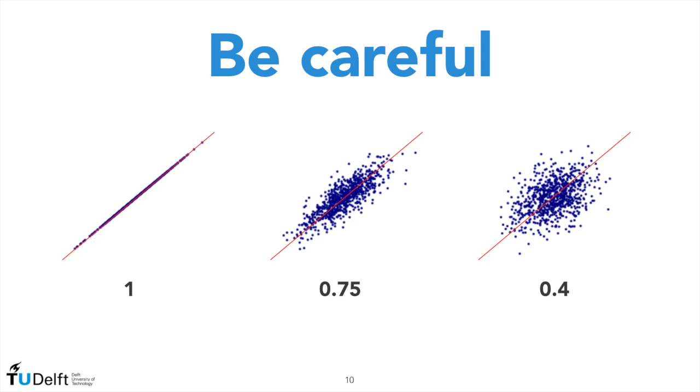But while in the picture on your left, the correlation is equal to 1 because we have perfect positive linear dependence and all the observations are exactly on the line, in the last one on the right, correlation is equal to 0.4. We can still see a positive inclination of the observations. We can still see a positive linear relationship, but it is less precise.